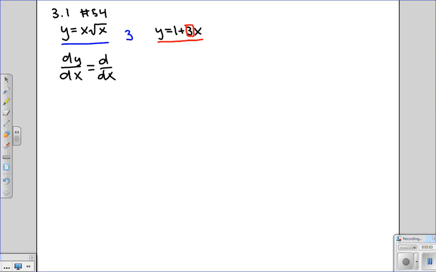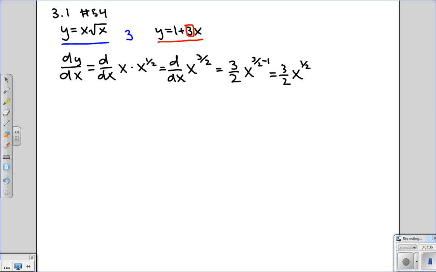Instead of writing it as x times square root of x, we note that this is equal to x times x to the 1/2, which again can be rewritten as d dx of x to the 3/2. And now we can apply the power rule to get the derivative is 3/2 x to the 3/2 minus 1, which is 3/2 x to the 1/2, or 3/2 square root of x.